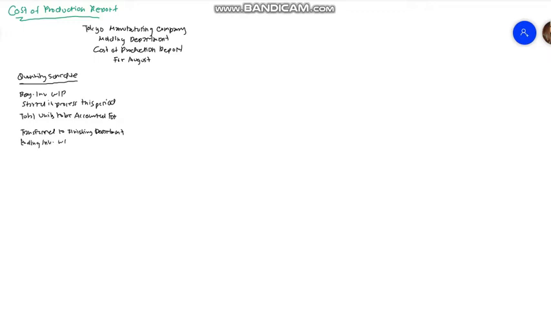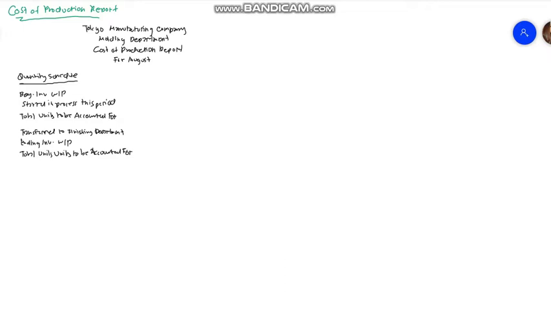Inventory, work in process, total units to be accounted. Okay, so kind of pardon my handwriting, whether or not this is face-to-face or not.